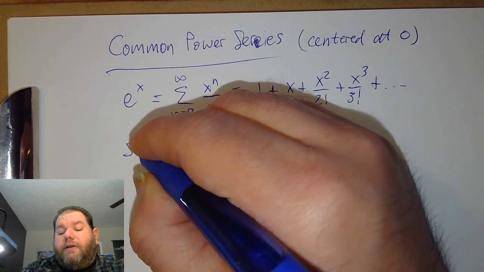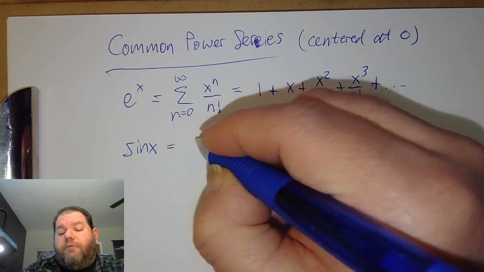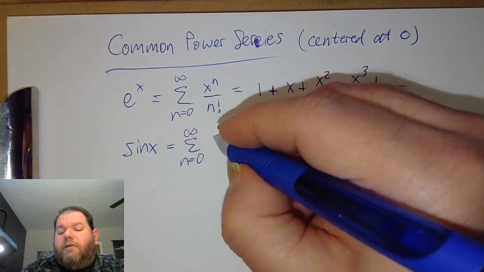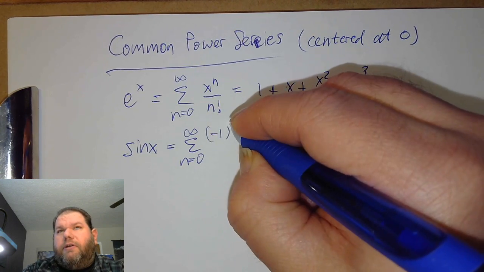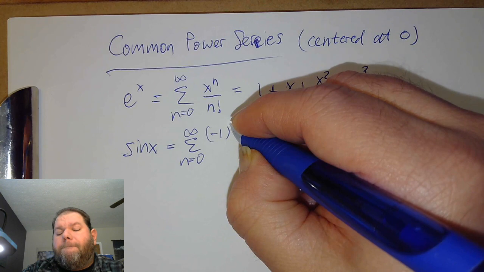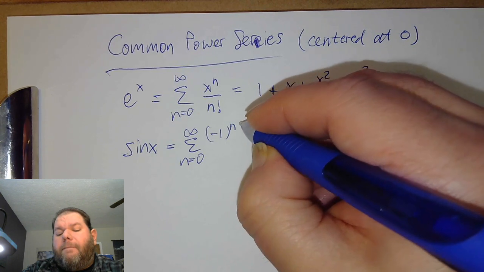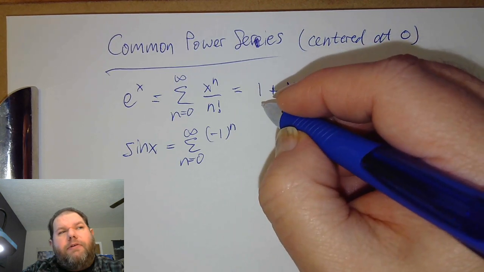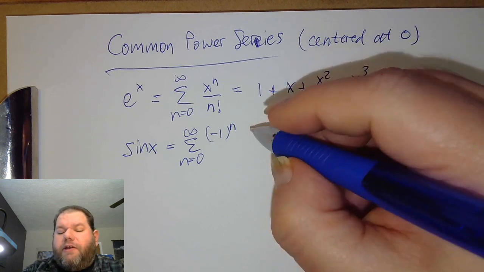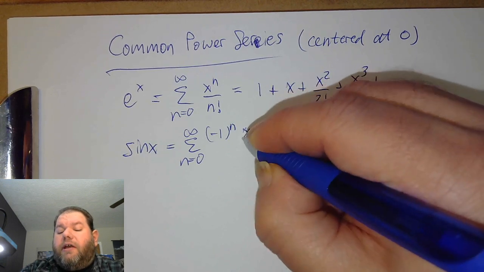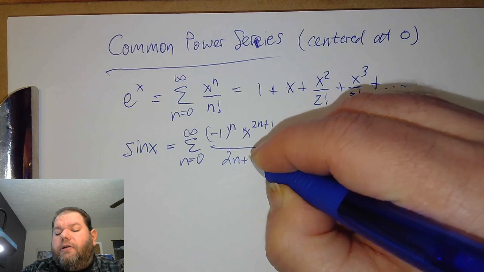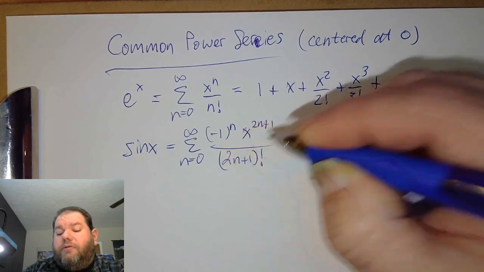Let's look at sine x. This is an interesting one, and we haven't discussed it previously. This is negative 1 to the n, or n plus 1? I'll figure that out in a second. x to the 2n plus 1 over (2n plus 1) factorial.